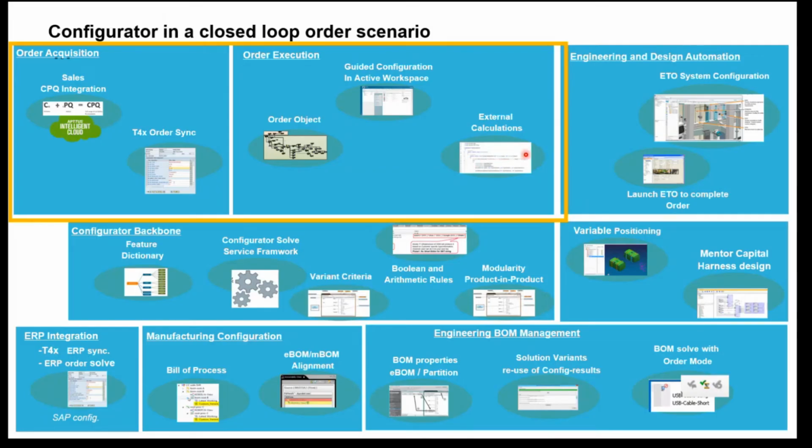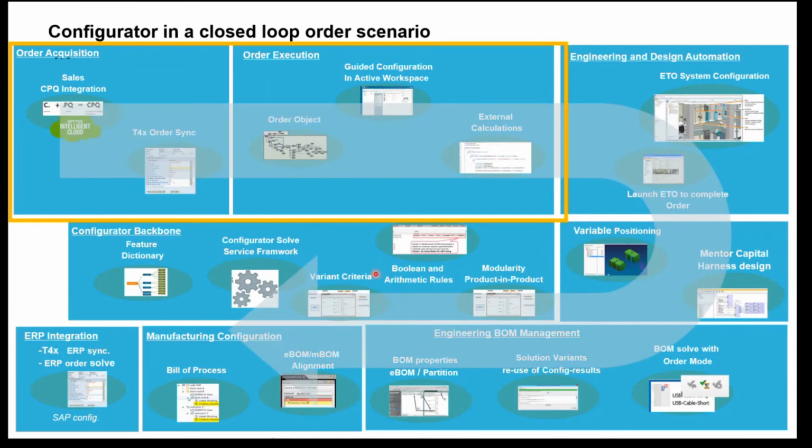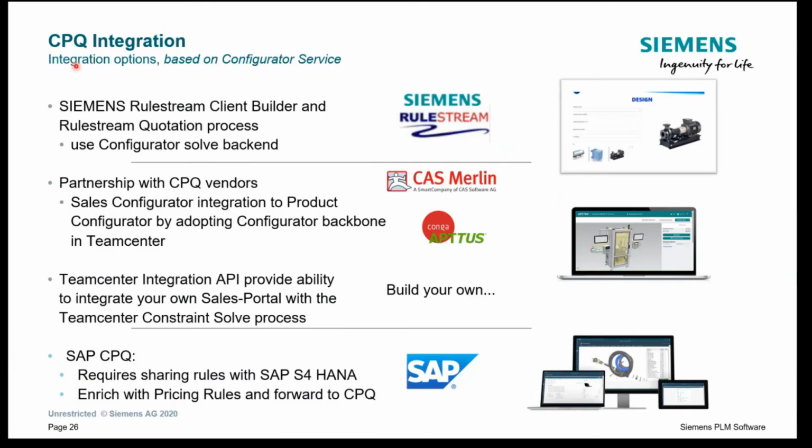At the same time, for process specific industries, if we have to do some kind of design automation or change in the design, that can be done in the Rulestream ETO application. And once the complete product is configured, then you can send it to downstream applications. Some of the standard CPQ integrations are there, and you can use those.